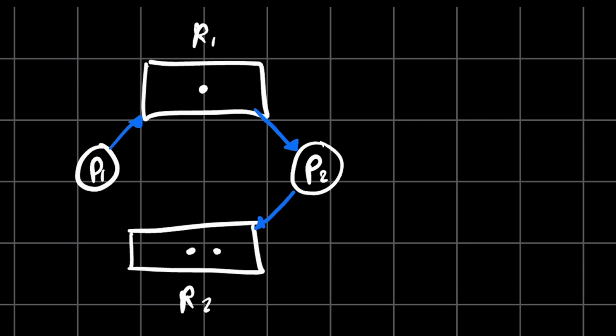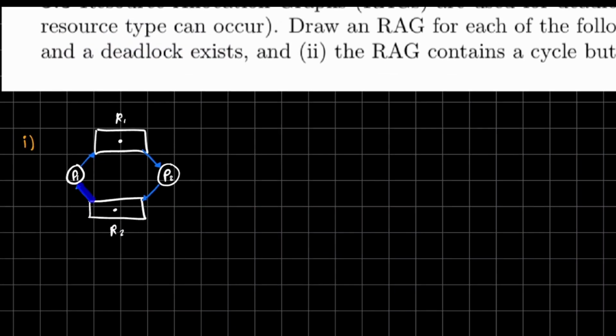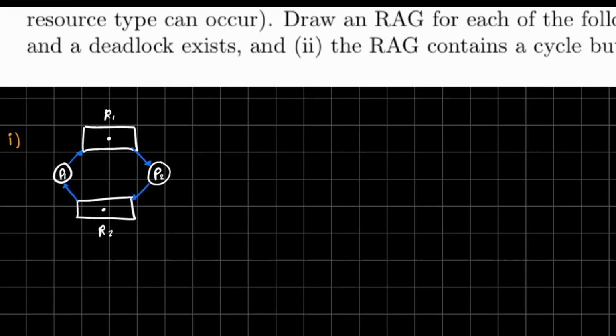So P1 wants R1, but R1 is already taken by P2. Same thing for P2: P2 wants the one instance of R2, but it's already taken by P1. So over here we have a cycle in which we have a deadlock, and we cannot go further than that.